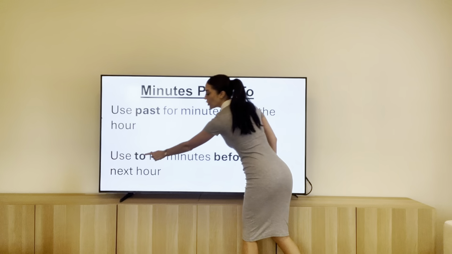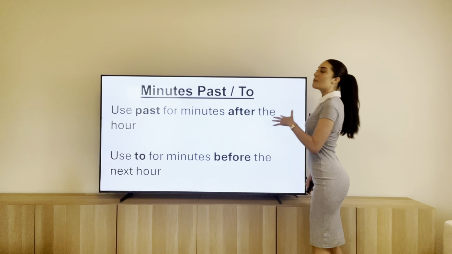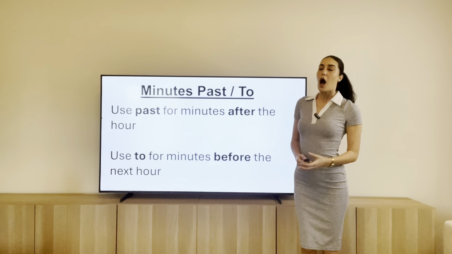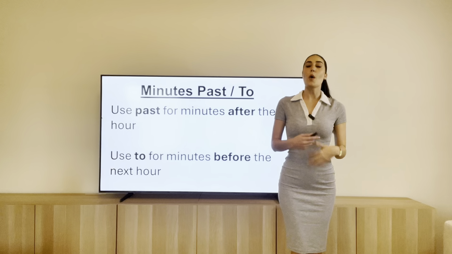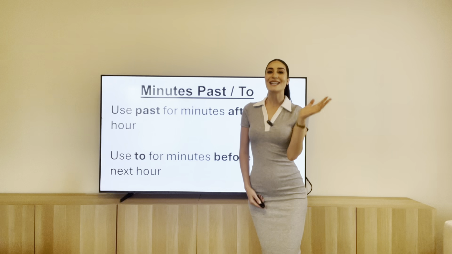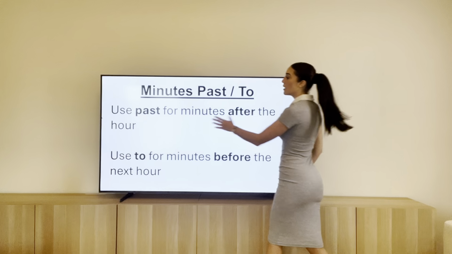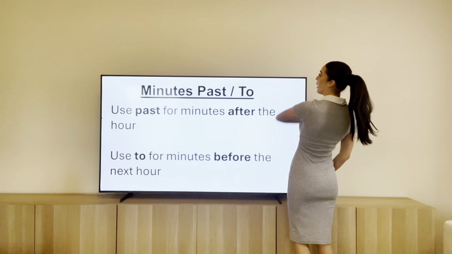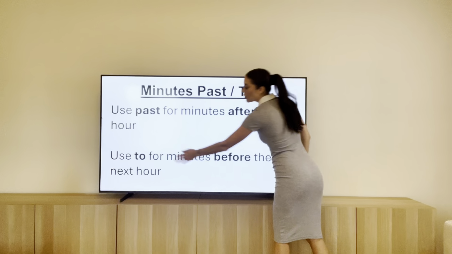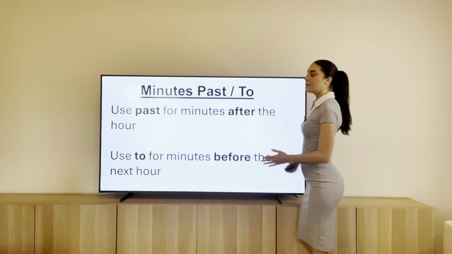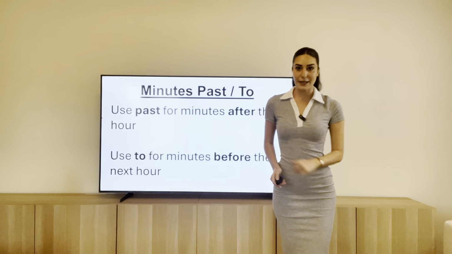And we use to for minutes before the next hour. I always think of it as there's still more minutes to go until it's the next hour. Okay, so write this down. Past is what we say for after the hour. To is what we say for before the next hour.